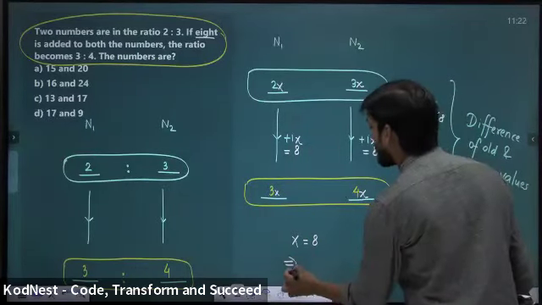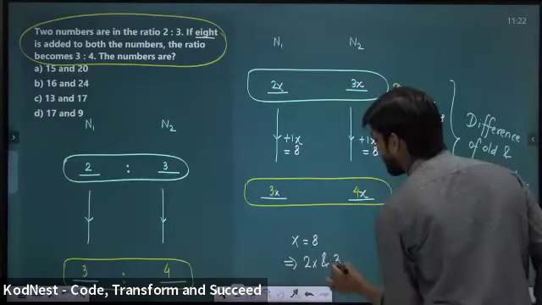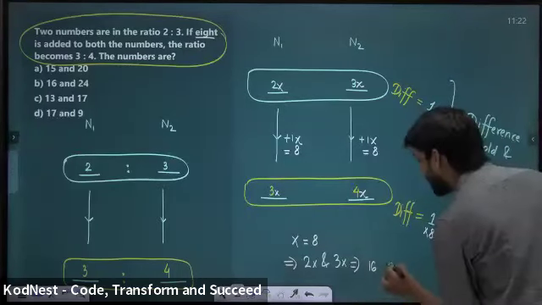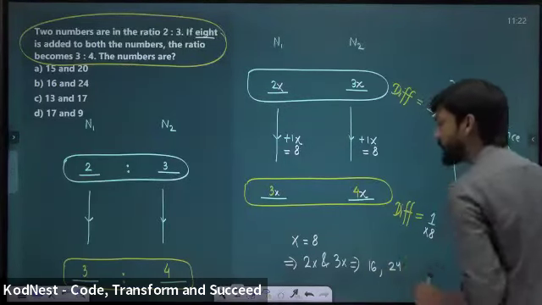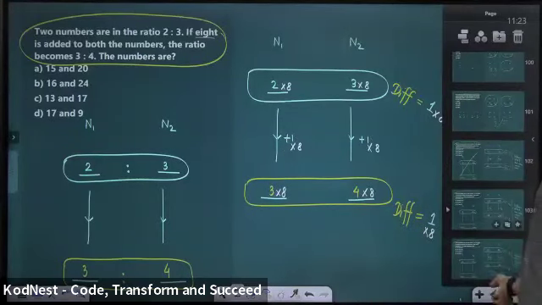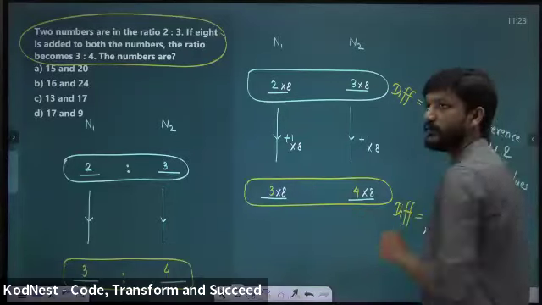And this gives you the numbers as 2x and 3x. 8 times 2 is 16 and 8 times 3 is 24. Just carefully answer. Why is the answer 16 and 24? Why not 24 and 32?